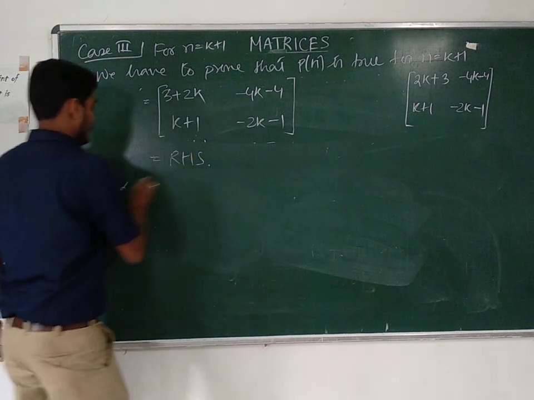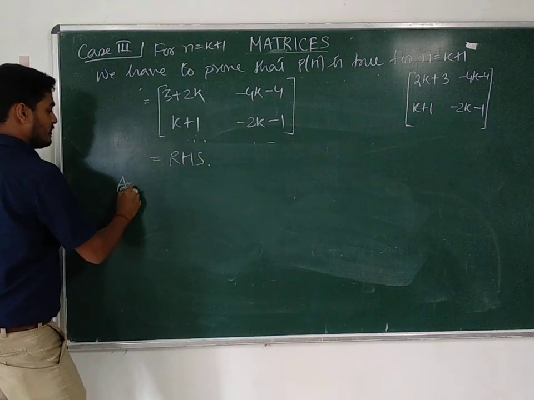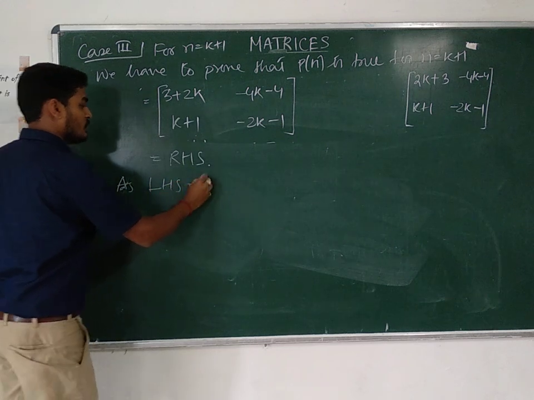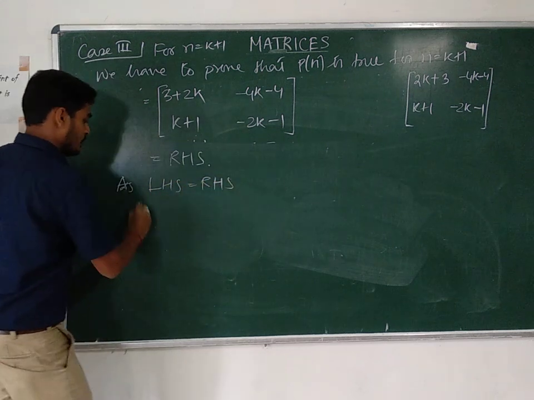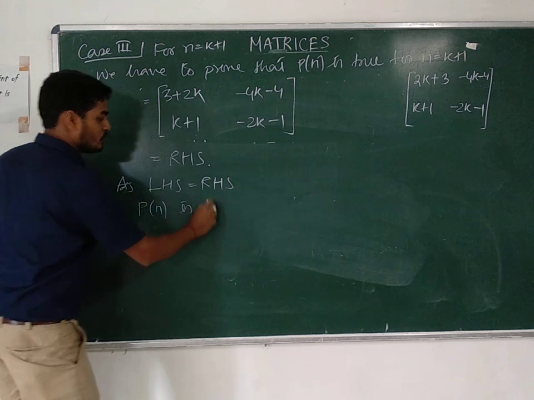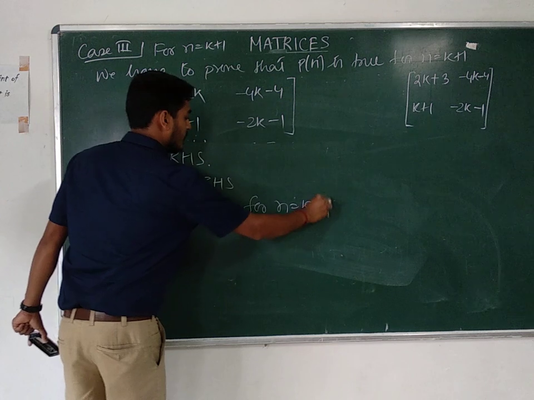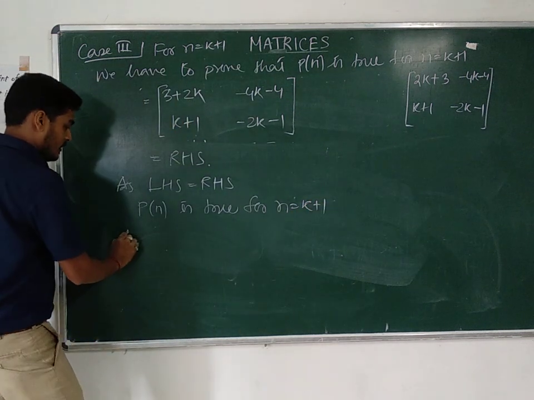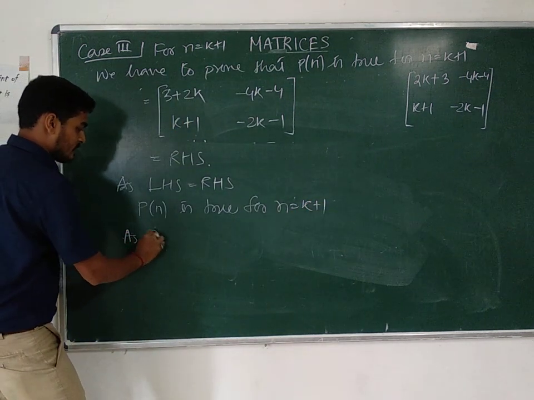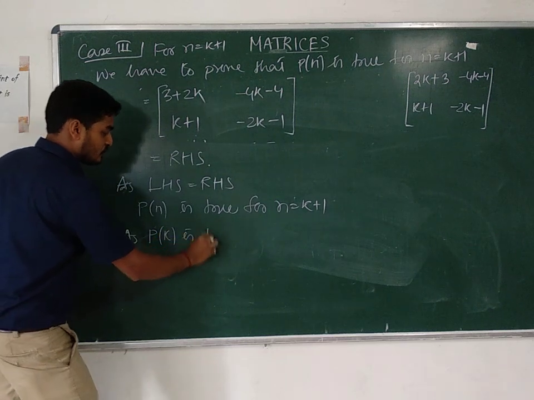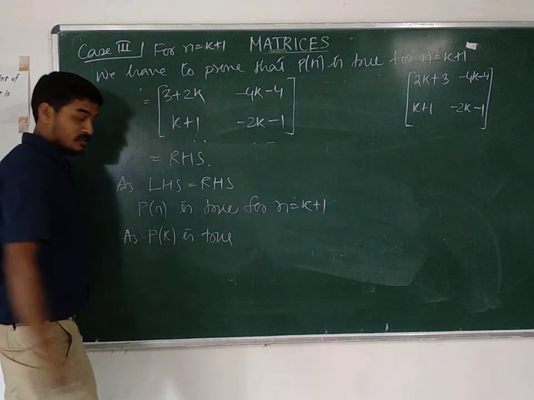This is equal to the right hand side. As the left hand side is equal to the right hand side, P of n is true for n is equal to k plus 1.